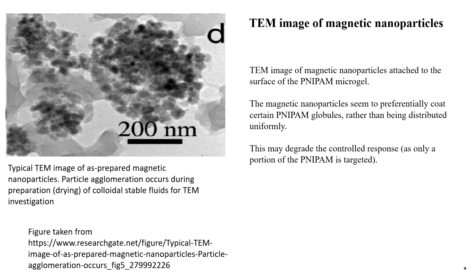TEM images of nanoparticles attached with PNIPAM are shown here, and it is almost 200 nanometers. So you can see these are very small particles, and this may degrade the controlled response as only a portion of PNIPAM is targeted.